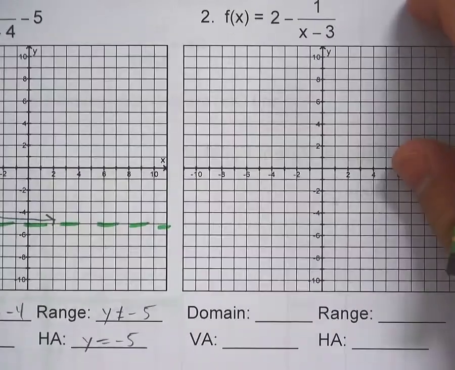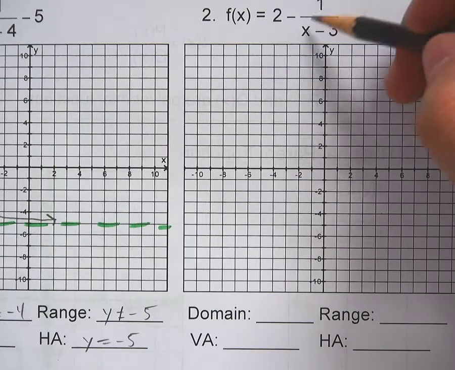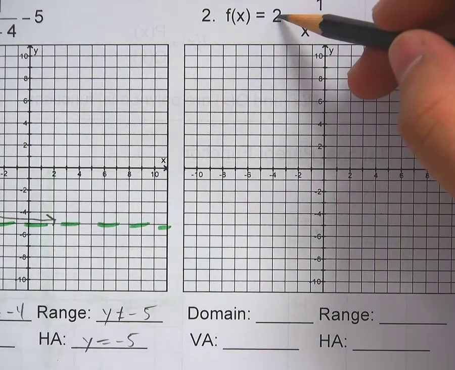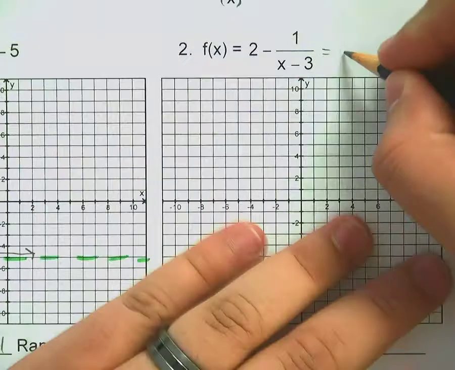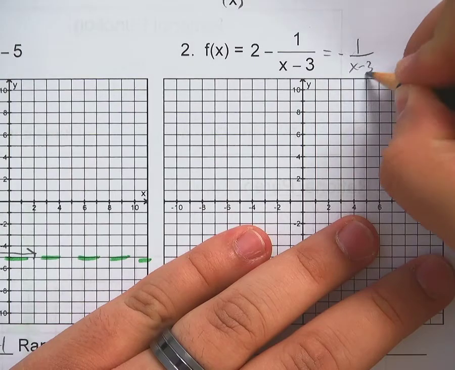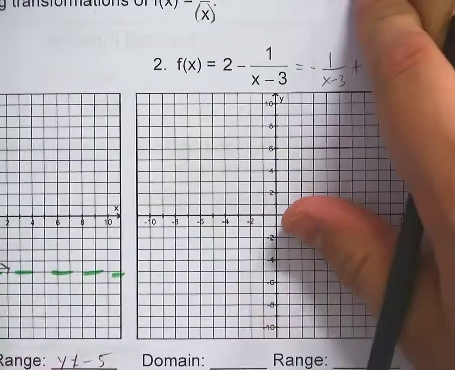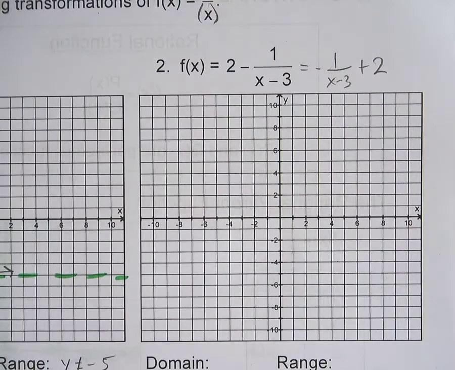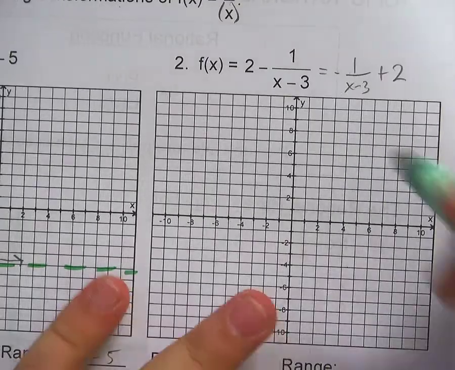So over here, remember this is a negative value and it's moving up 2. So let me rewrite this here as -1 over x minus 3, plus 2. So I'm going right 3 and up 2.